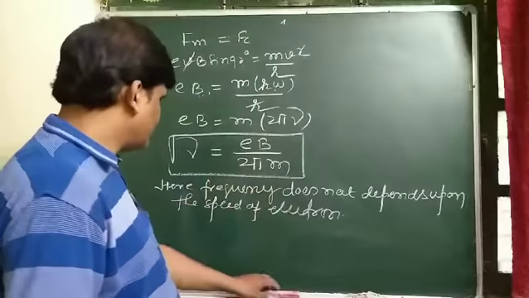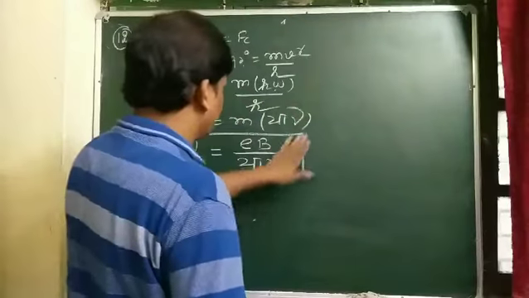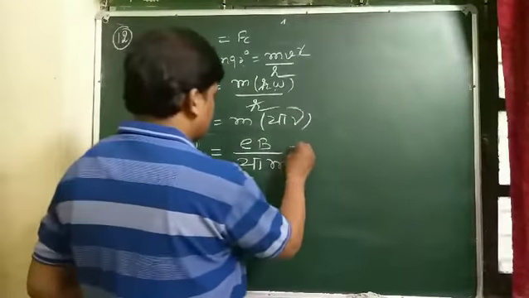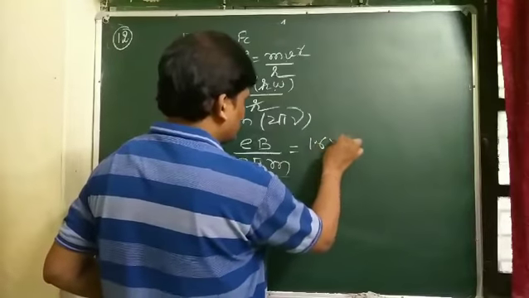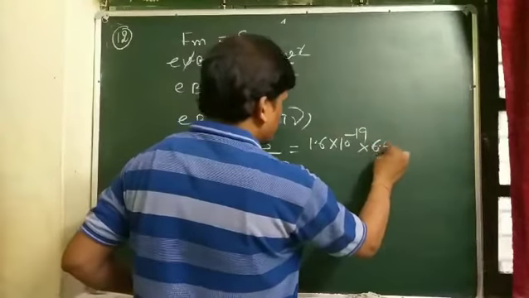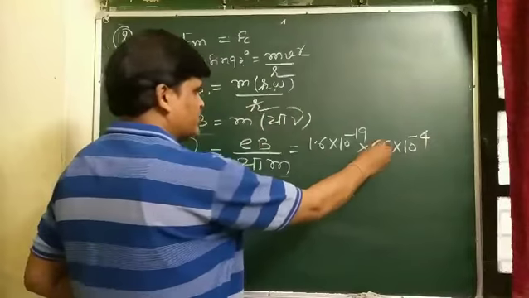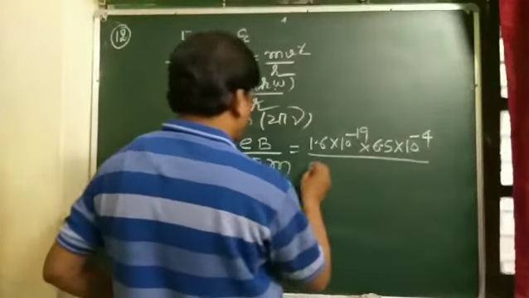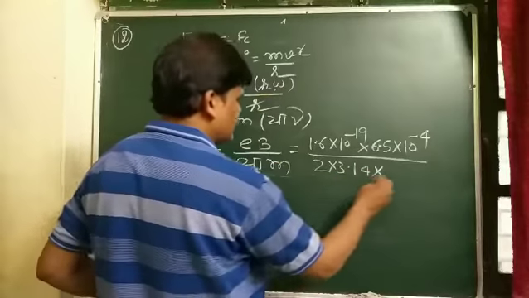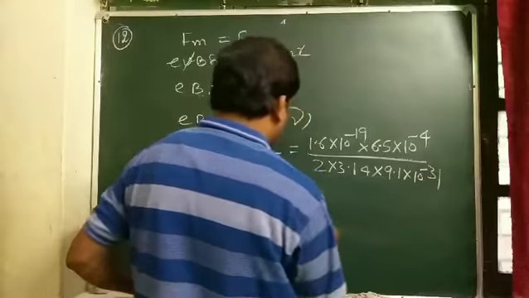Now we can find the value of the frequency by putting in all the values: the charge on the electron 1.6 × 10^-19, B is 6.5 × 10^-4, the same value as in the previous question, and 2 × 3.14 times the mass of the electron, 9.1 × 10^-31.